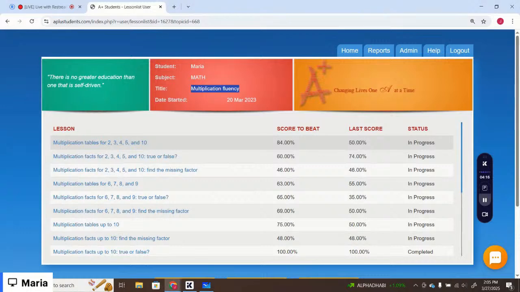I'm on grade 3 math, and the chapter we're on right now is multiplication fluency. Let's start with the first lesson, that is multiplication tables for 2, 3, 4, 5, and 10.